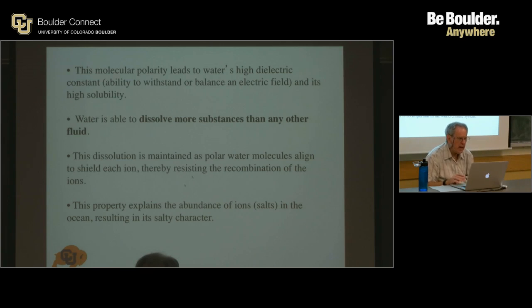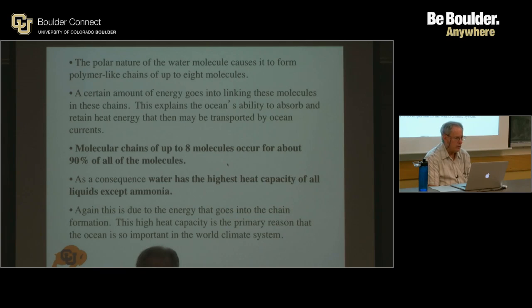So these chains, up to 8 molecules, take a certain amount of energy going into linking the molecules. This explains the ocean's ability to absorb and retain heat. Without the chains, it wouldn't be as good at retaining heat, and that's extremely important for the world's climate.